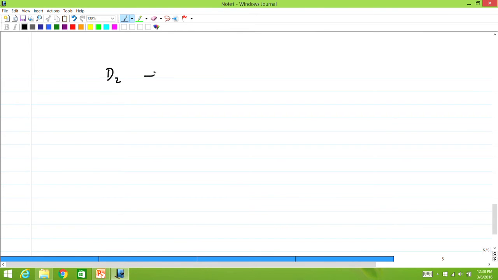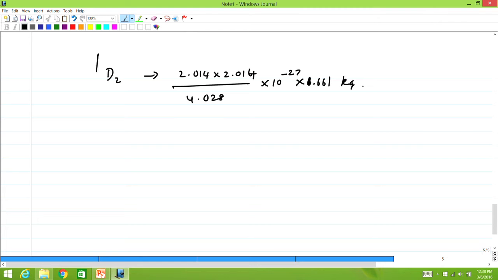For D2, you would use 2.014 times 2.014 divided by 4.028 times 10 to the minus 27 times 1.661 kilograms. Therefore, the mu of D2 is given by this number.